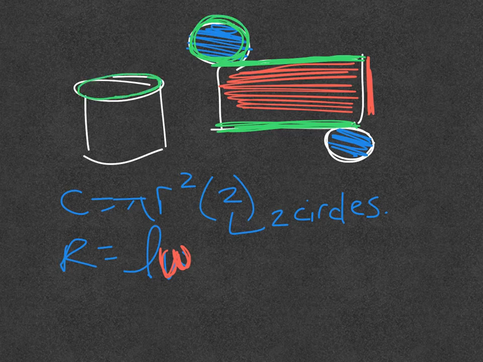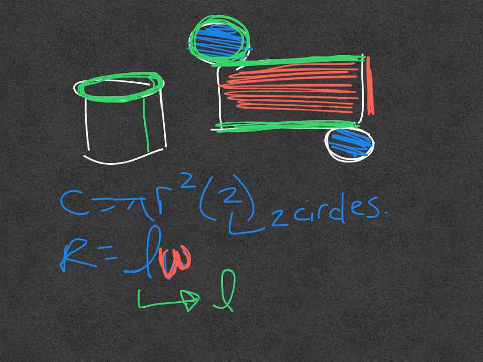Think about a can opener. If you go all the way around the can with a can opener, you're going from this point all the way around and then stopping again, because then you're able to open it. So the length of that rectangle is equal to the circumference of the circle.